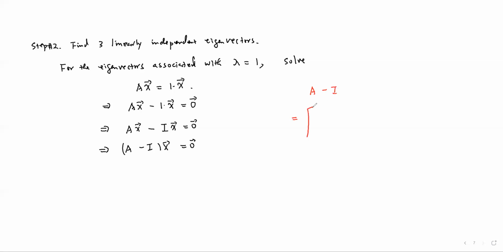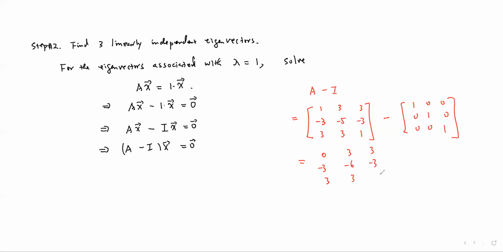What is A? A is 1, 3, 3, negative 3, negative 5, negative 3, 3, 3, 1. This is A. Now I is 1, 0, 0, 0, 1, 0, 0, 0, 1. Now the difference is 1 minus 1, 3 minus 0, 3, negative 3, negative 5 minus 1, negative 3, 3, 3, 1 minus 1.